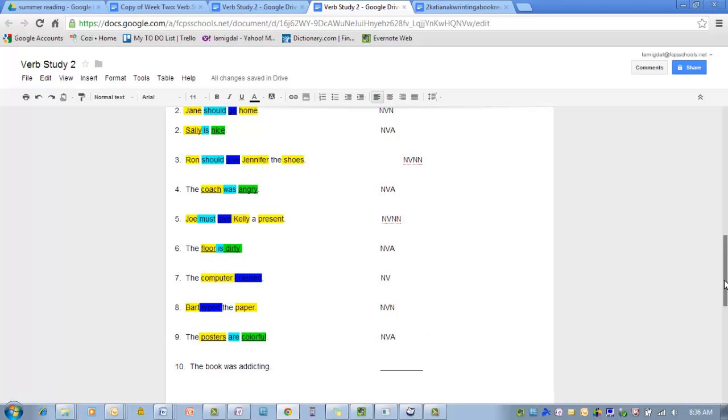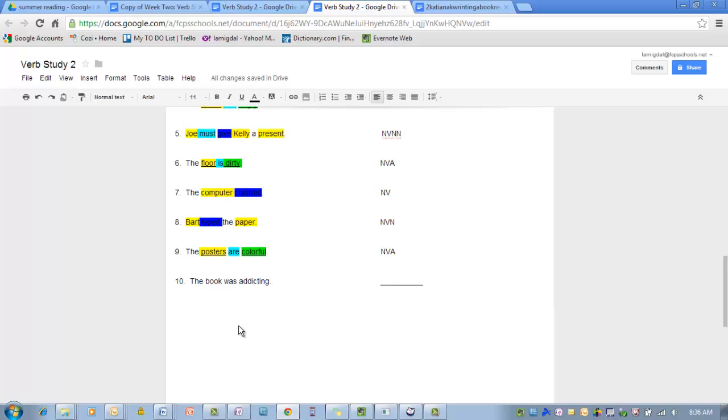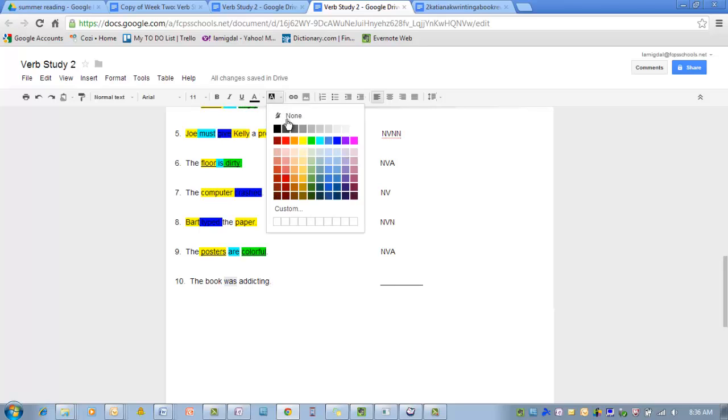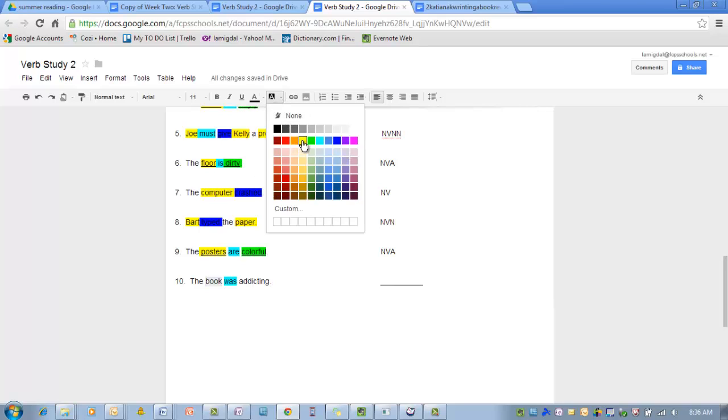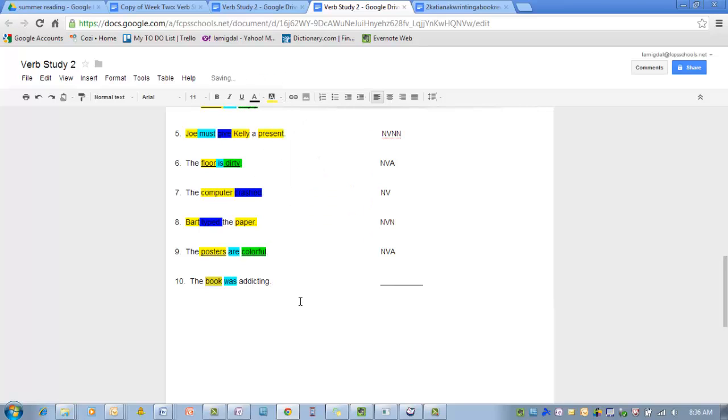Very energetic. And our last one, the book was addicting. I see another be verb here. That's "was," right? So we're going to go light blue. We're going to go in front of it, and our noun is "book." We're going to leave the "the" alone because it's a what? That's right, it's an article. Good, and let's go to the last word, addicting. Could be a noun, could be an adjective.